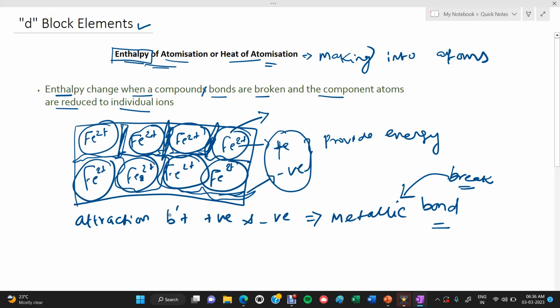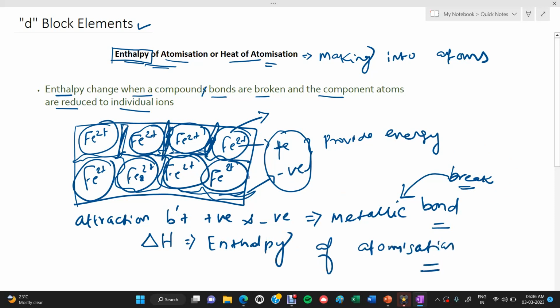So that energy change, that del H, is equal to enthalpy of atomization. So simply we can say that the energy change that happens during the breaking of metallic bond during the process of atomization is called the enthalpy of atomization or heat of atomization, right? Okay, so now enthalpy of atomization is clear for you.